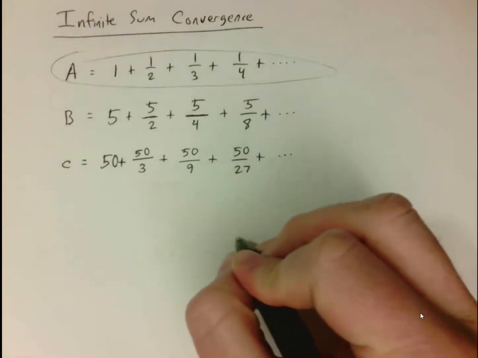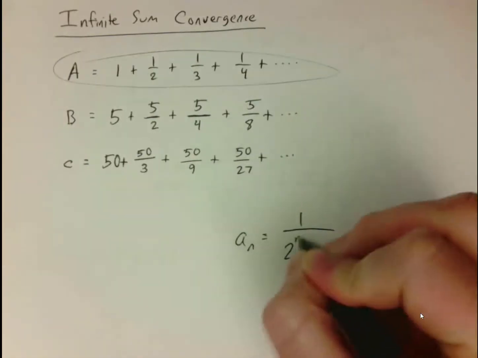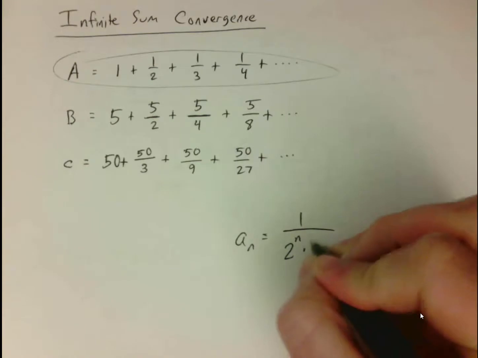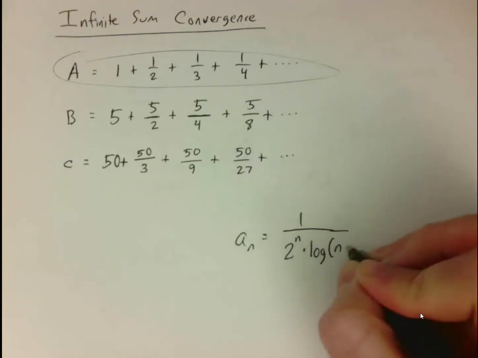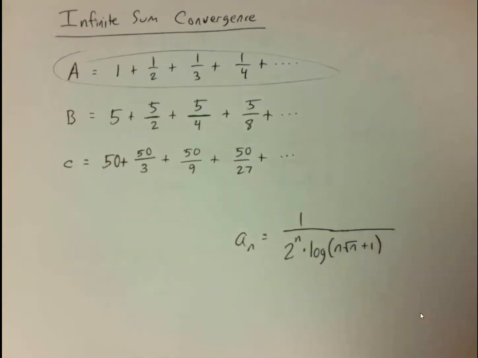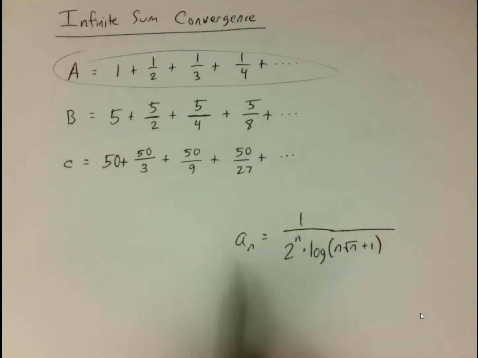What happens if I've got a sum whose nth term is 1 over 2 to the n times the natural log of n times the square root of n plus 1? So that seems kind of messy, and it seems like it's not going to be that easy to figure out an equation for the sum of the first n of these terms.